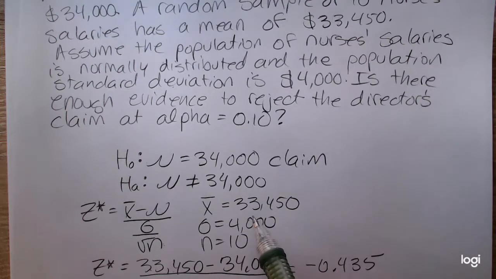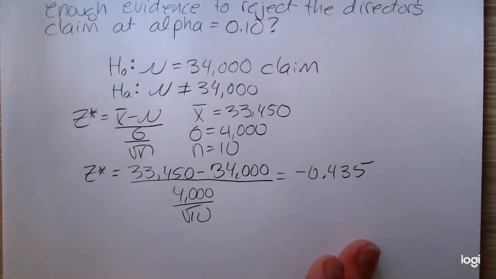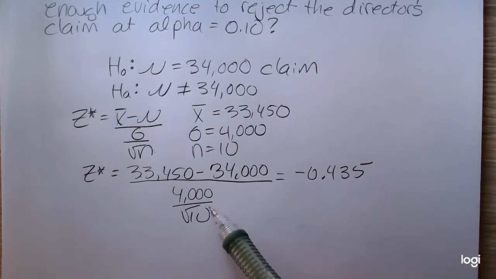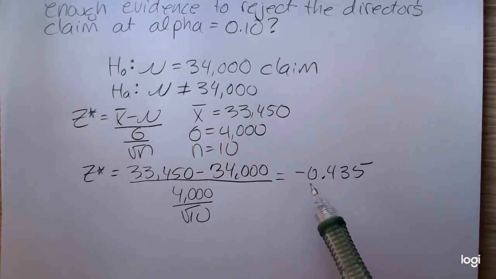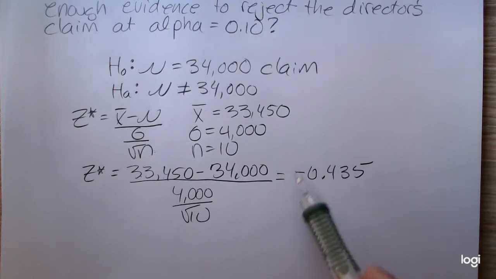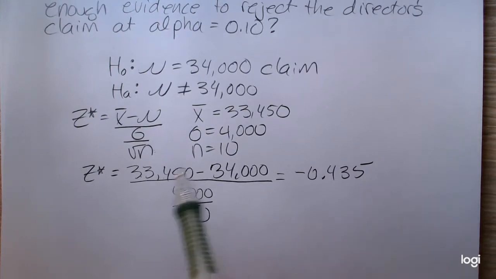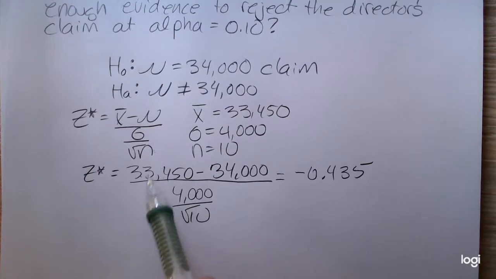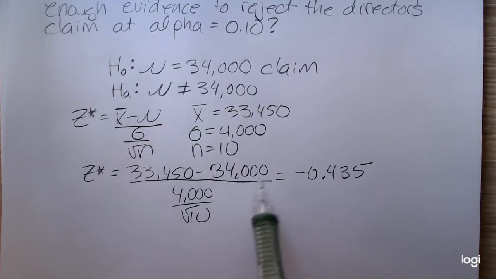The sample mean from the problem was 33,450, sigma was 4,000, and our sample size was 10. Inputting that information into the problem, I get a z-score of negative 0.435. I expected this to be negative because what we observed, the sample mean, is less than the hypothesized mean.